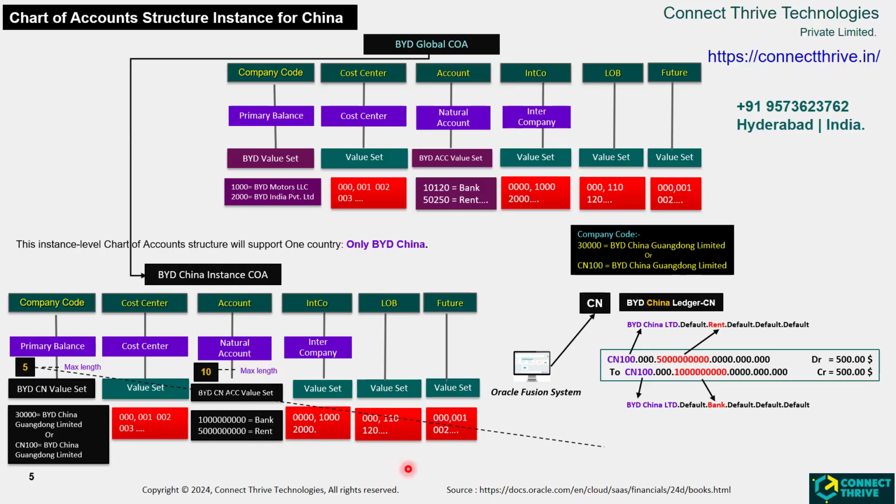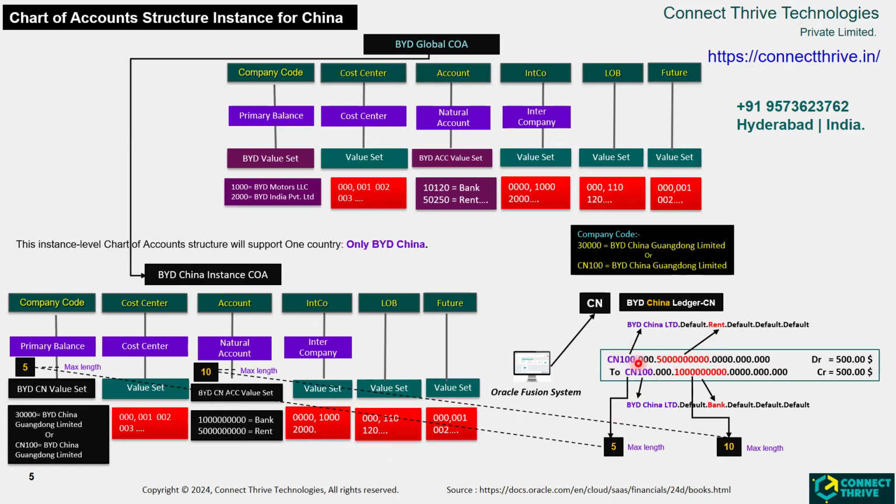So these value set codes we will map to our chart of account structure instance level. While creating this instance level chart of account structure by copying the global level, we have to override these specific value set codes for company code and natural account. Then only will the system consider these specific value set codes for these segments. Then accordingly, while we are booking any transaction, these two values will be defaulted like this.